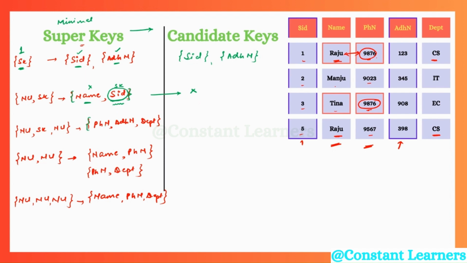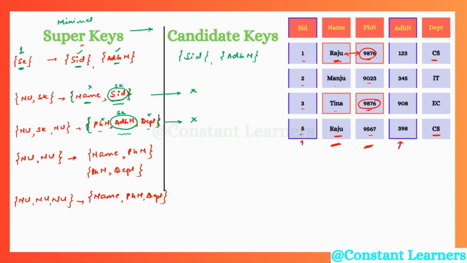Now let's see this super key here: phone number, Aadhaar number and department. Phone number is not a super key, department is not a super key. But Aadhaar number itself is a super key. Since Aadhaar number itself is a super key, this entire combination will not become eligible to be a candidate key. Alright, I hope you're understanding this.